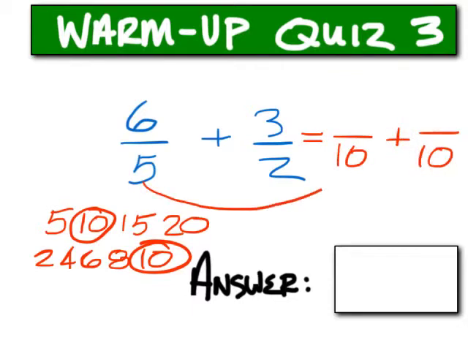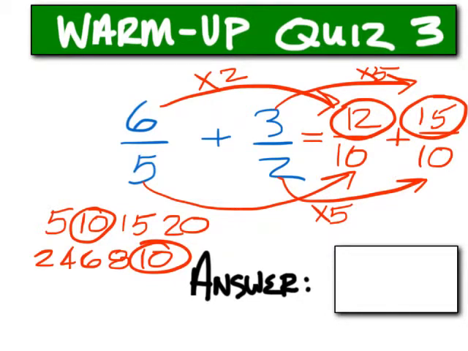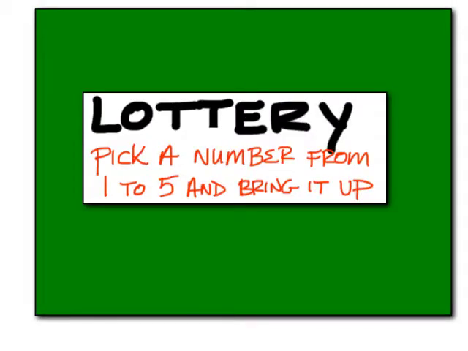Now we have to multiply 5 by 2 to get 10. So 6 times 2 is 12. And 2 times 5 is 10. So 3 times 5 is 15. 12 plus 15 is 27. And that goes over 10. 27 over 10.